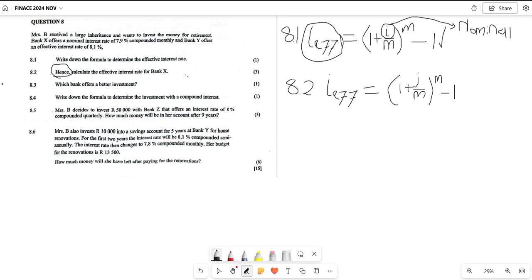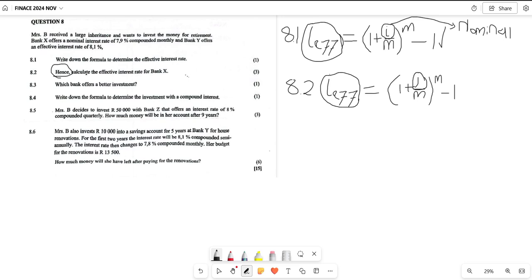That's why the question says here, hence. For us to answer this question, we are going to use our previous answer, which was the formula for I effective. Then it says, calculate the effective interest rate. In this case, we are looking for I effective, which means I nominal must be given to you.